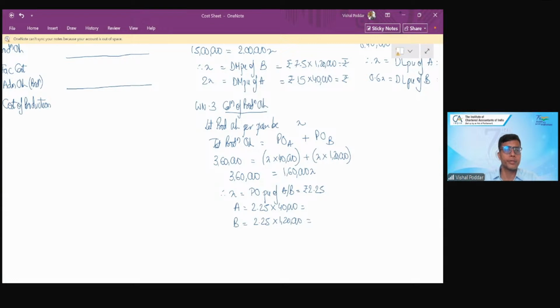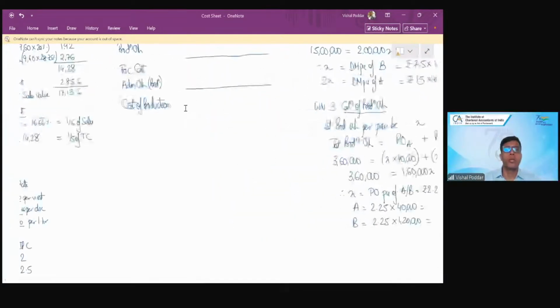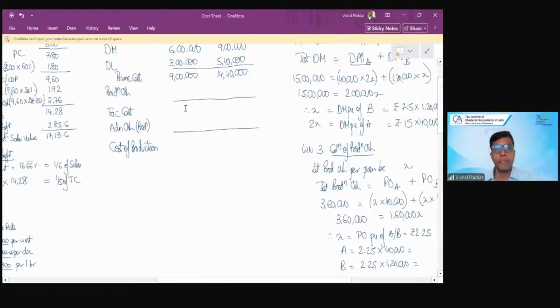Correct? And 270. Yes, Apurva has confirmed. Shifimol has also confirmed. Manivanan has also confirmed. So 90, 270. Correct, students? I hope we are in sync.